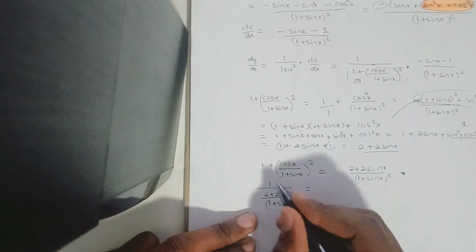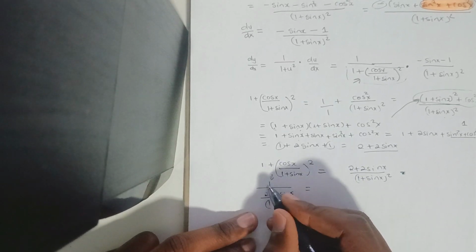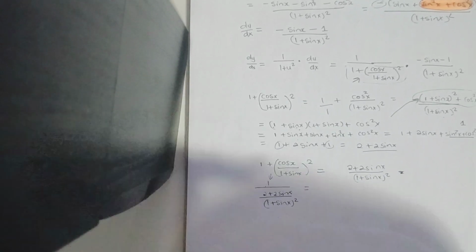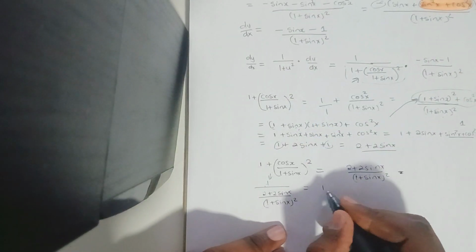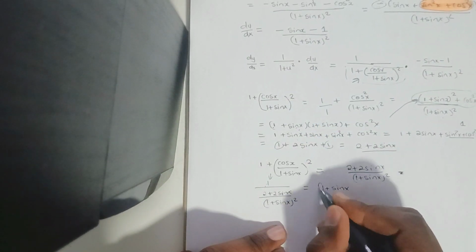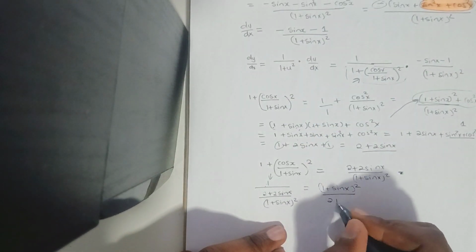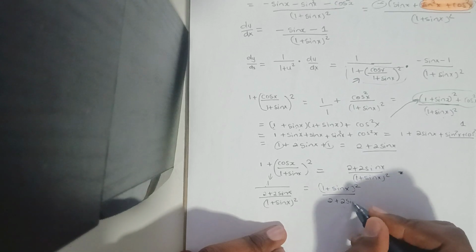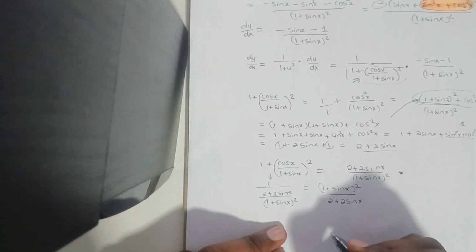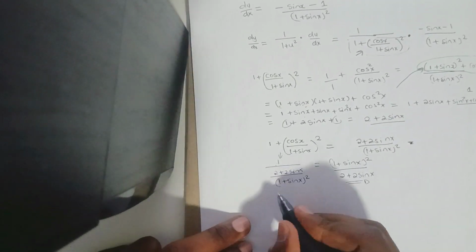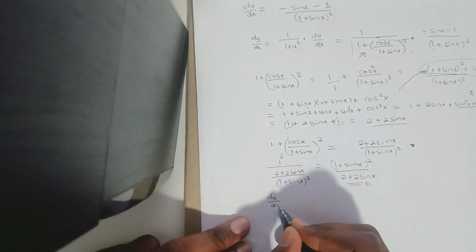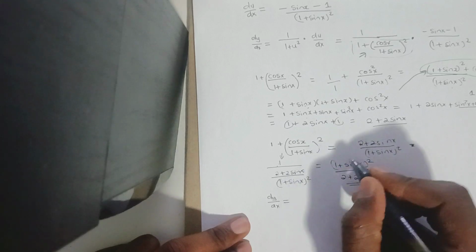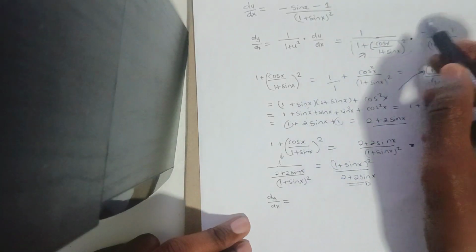So now we can just get rid of the first division. Then they're going to flip. Then we will have 1 plus sine x squared over 2 plus 2 sine x, right? So this is how it is, right? So now let's go back and solve our dy over dx is equals to this, because it was initially equals to this multiplied by this, right?